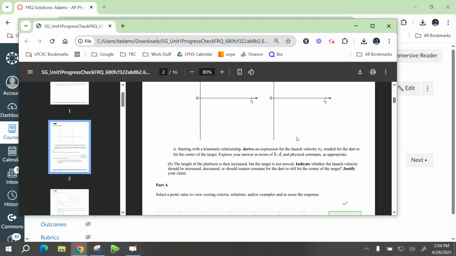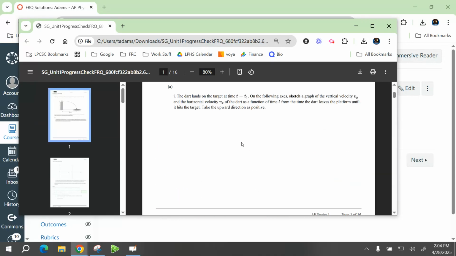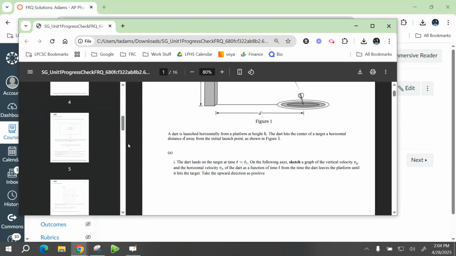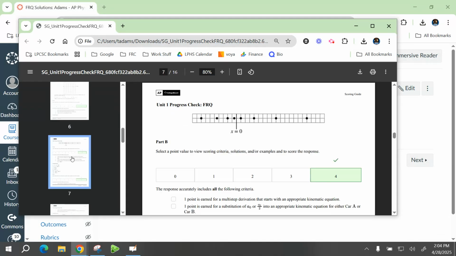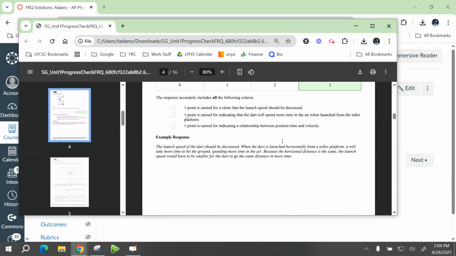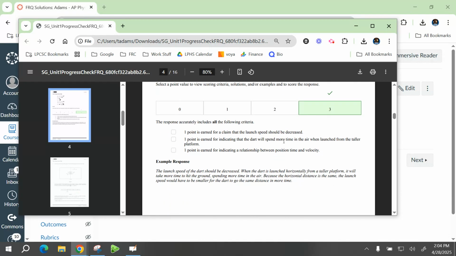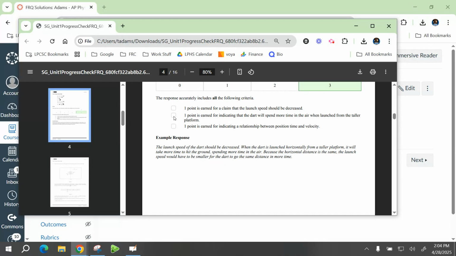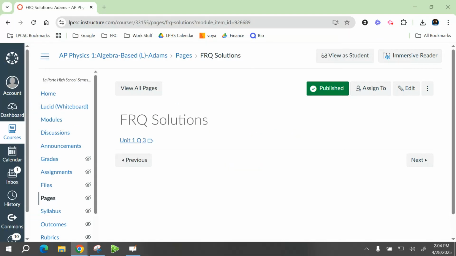So like here, it breaks down how you score the points. You get 1 point if you do this, 1 point if you do that. And you'll have access to that once you submit it.